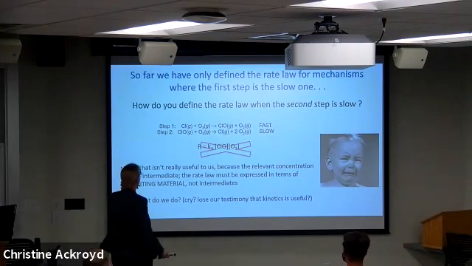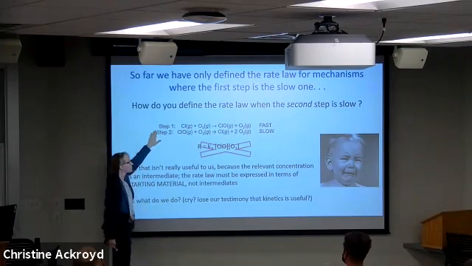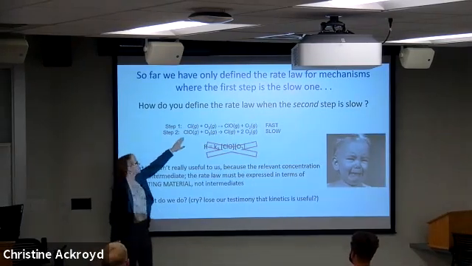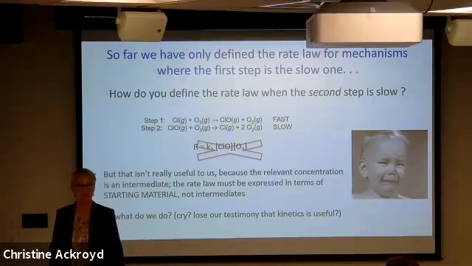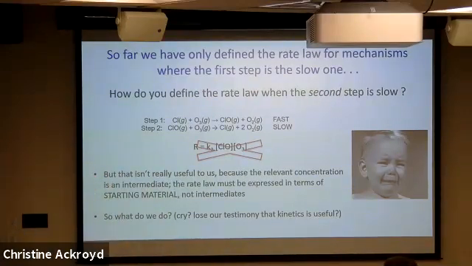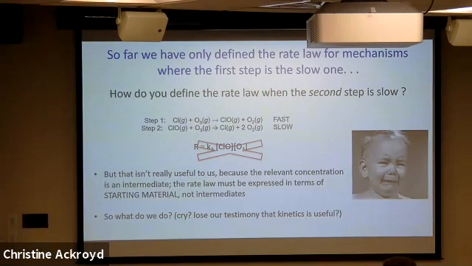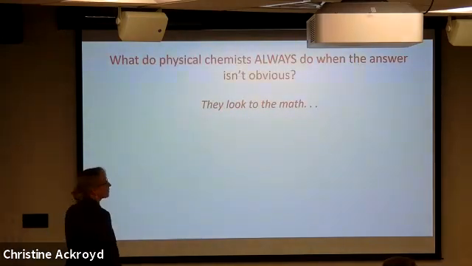When the slow step is the second step, then we have to use an intermediate, but we can't use an intermediate because that's not allowed in the rate law. So what do physical chemists always do when they have a problem? They always do math and algebra, right?